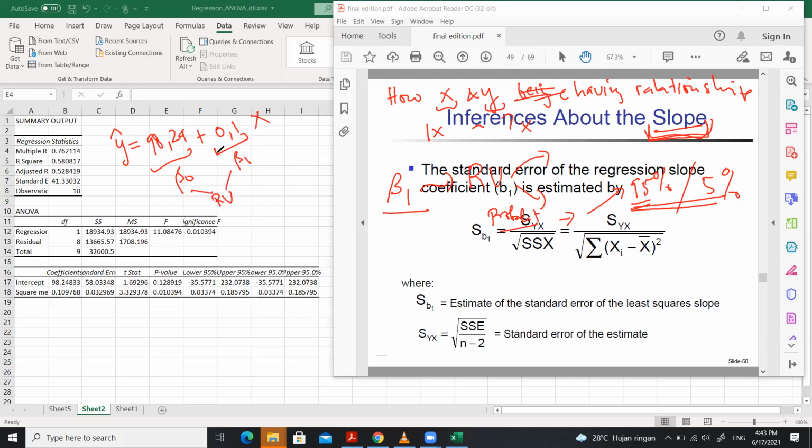Random variable berarti nilai ini bisa salah atau keliru karena random.